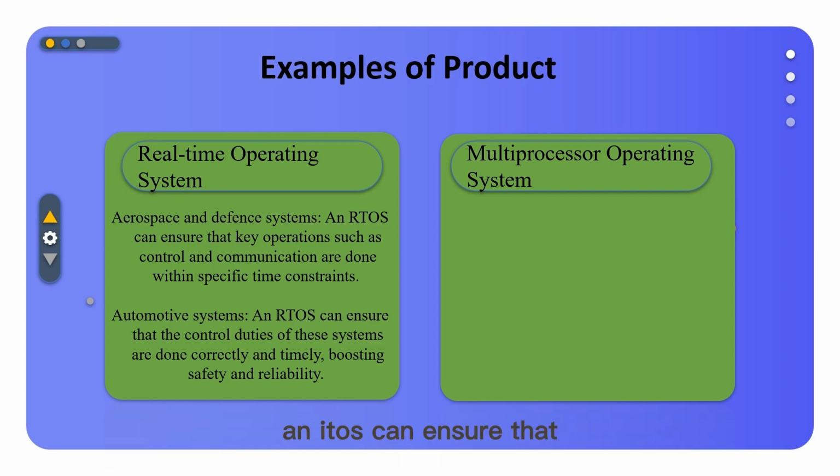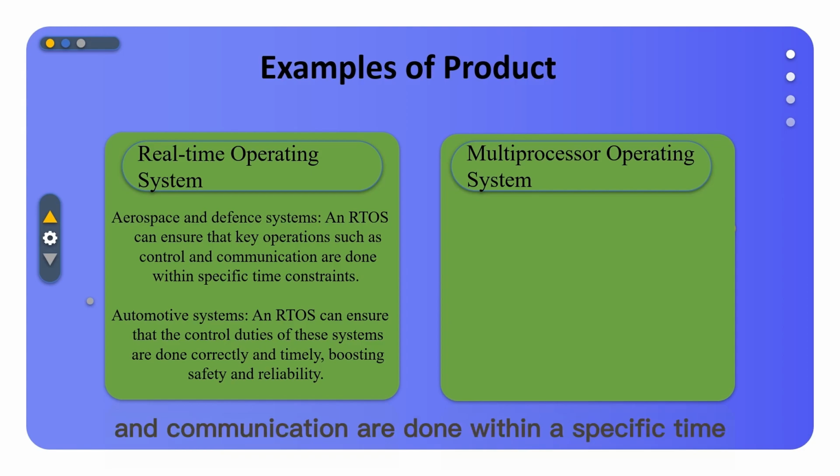An RTOS can ensure that key operations such as control and communication are done within a specific time constraint. Automotive systems must guarantee that activities are carried out within a certain time frame.